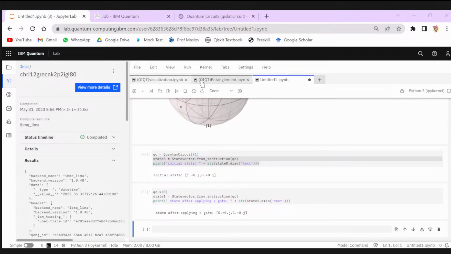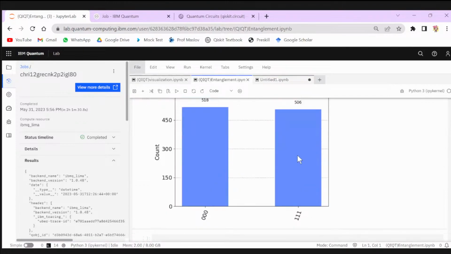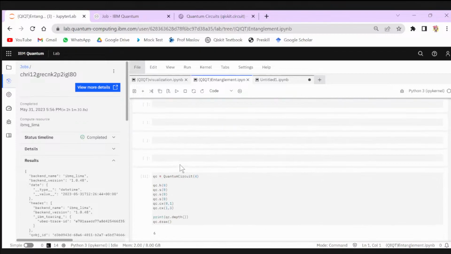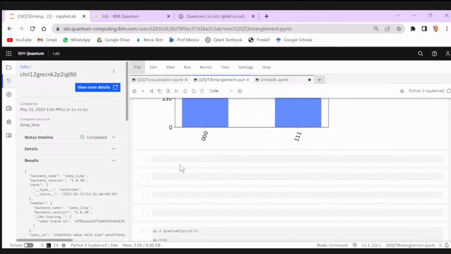So in our last class we talked about the 3-qubit GHZ state. Let's calculate the depth of a circuit. The depth of any circuit tells how many layers of the quantum gate execute.